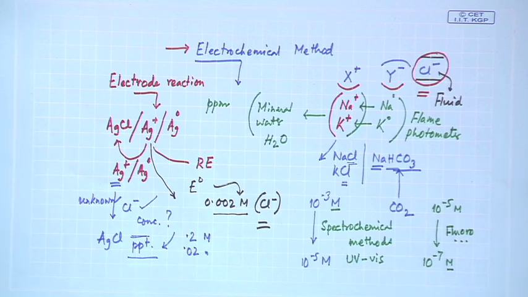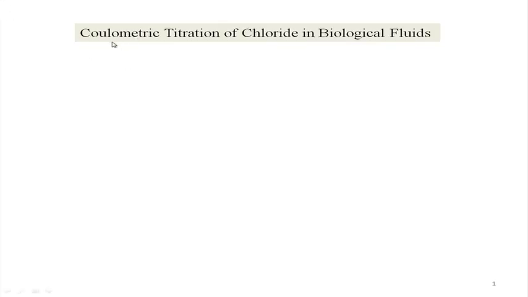So, we see now a titrimetric method which is based on coulometry, that means we can measure the corresponding coulomb count or electrical charge count for a typical titration when chloride is the anion in any biological fluid.